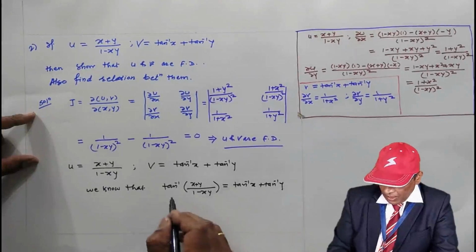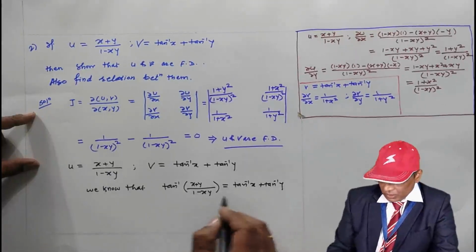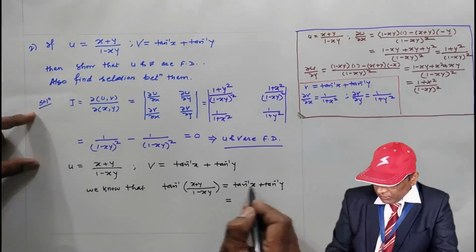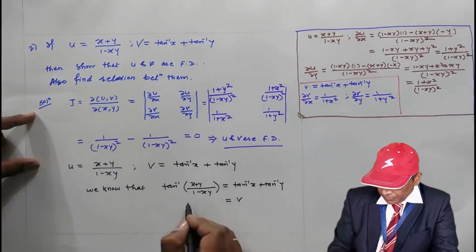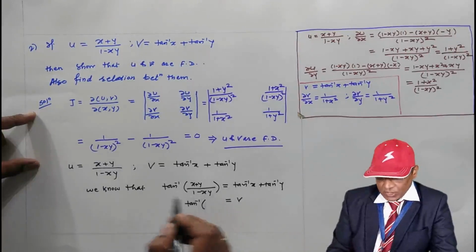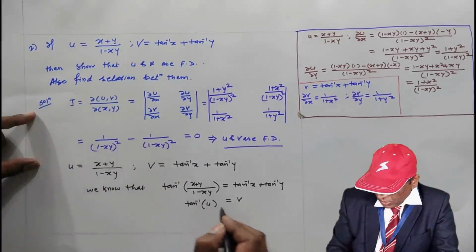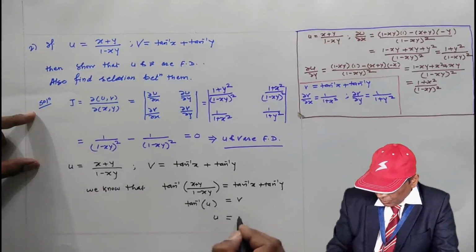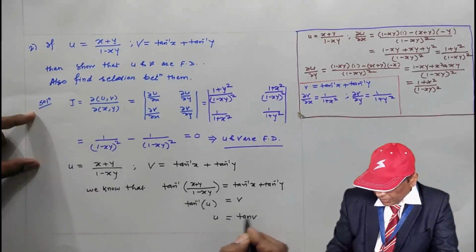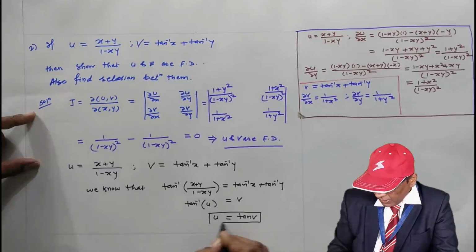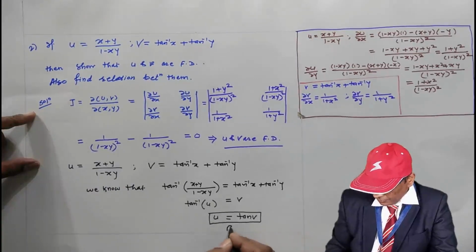This is the trigonometric formula, and tan inverse x plus tan inverse y is v, and x plus y by 1 minus xy is u. So this is the relation between u and v. Very simple.